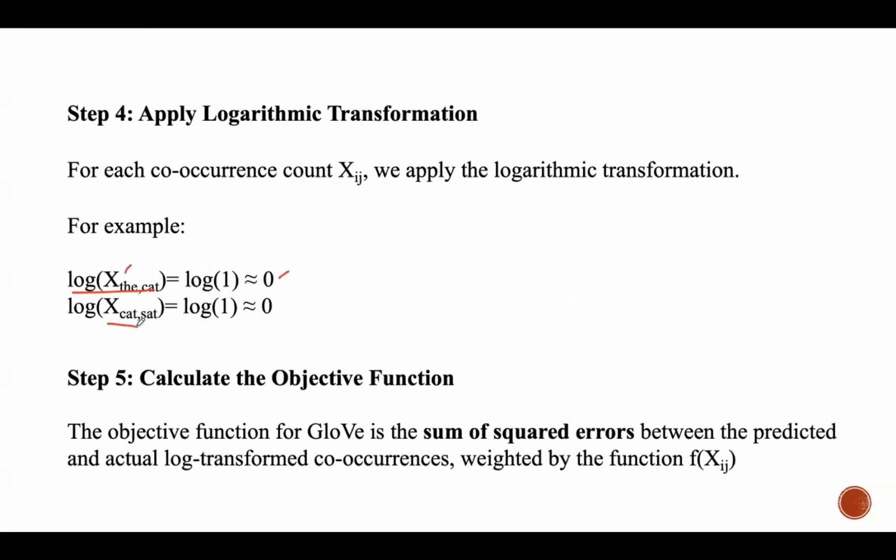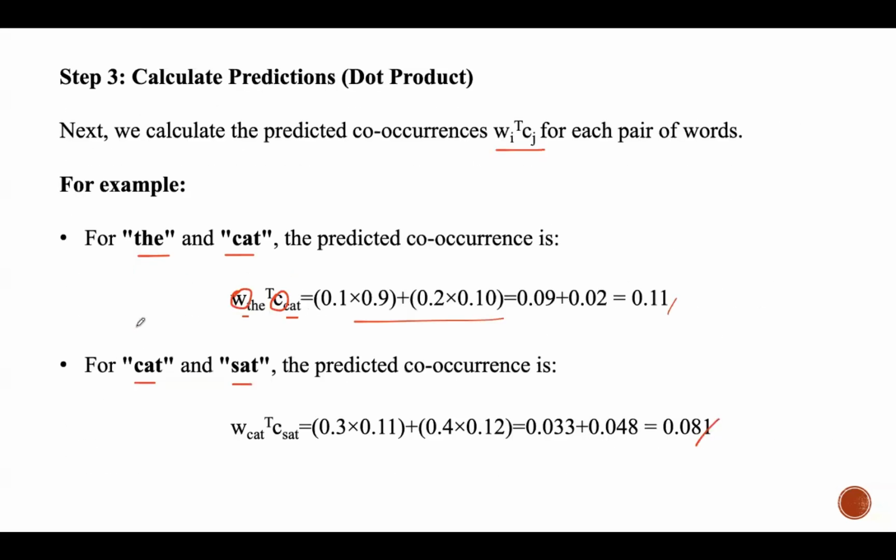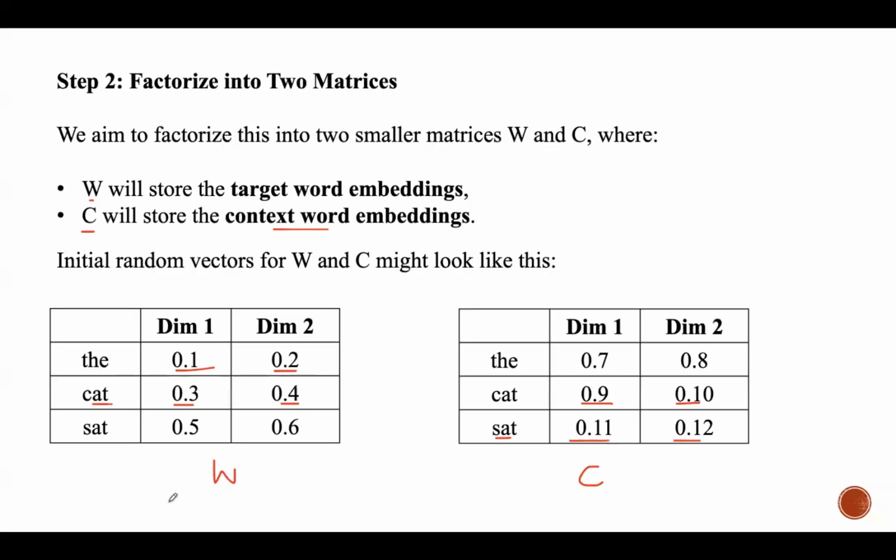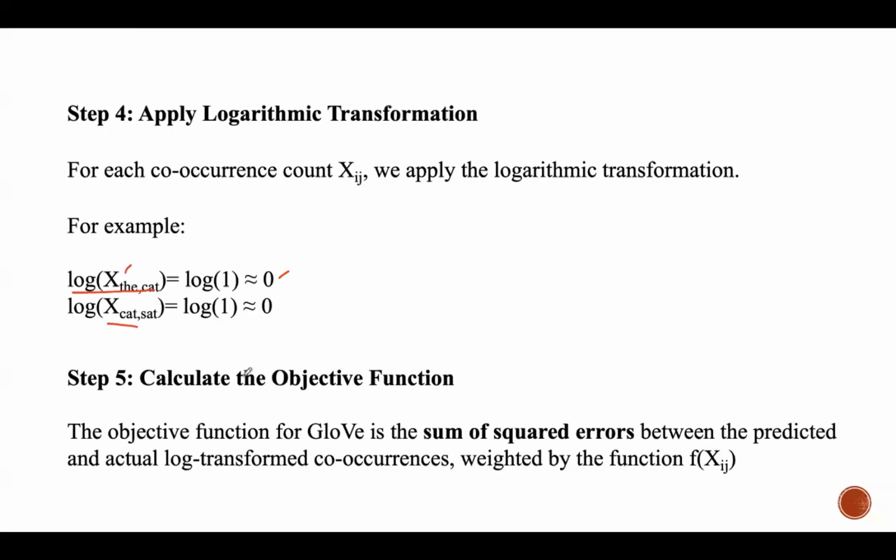And we need to find out the log value of X cat,sat. X cat,sat is also 1, so they occurred together once. So log of 1 equals 0. Both these values are 0. And then calculate the objective function. The objective function is nothing but the sum of the squared errors between the predicted and actual log transformed co-occurrences.